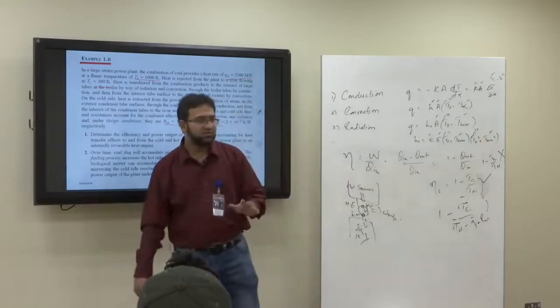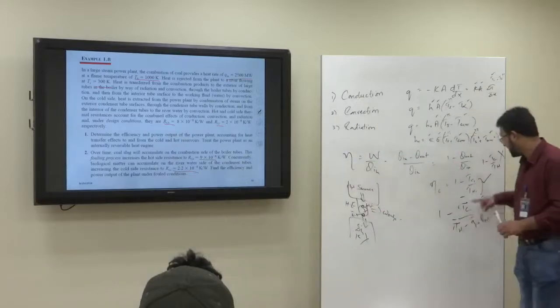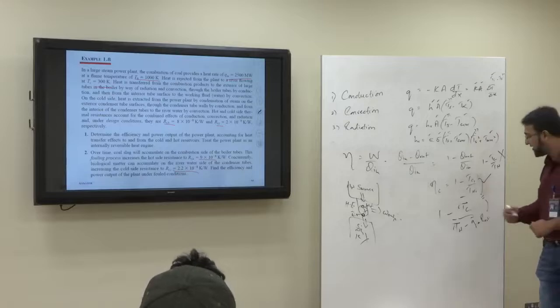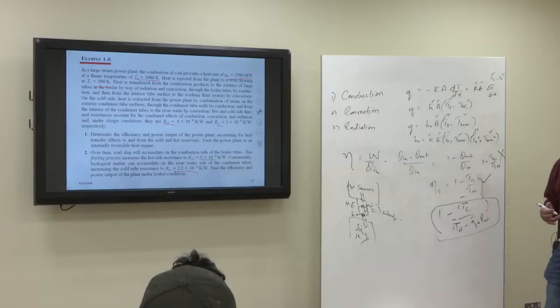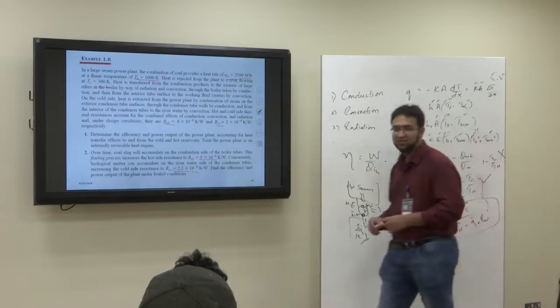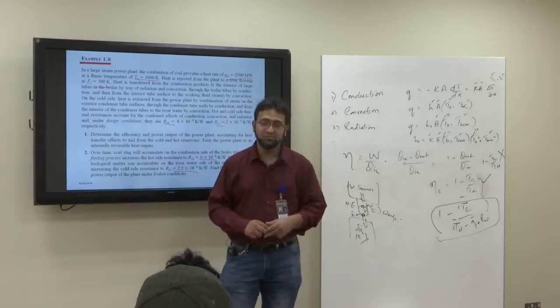So in reality, it's not a complicated problem. The complication is here, converting from this to this, because this formula is not given. So you have to find out this formula by this mathematical manipulation.